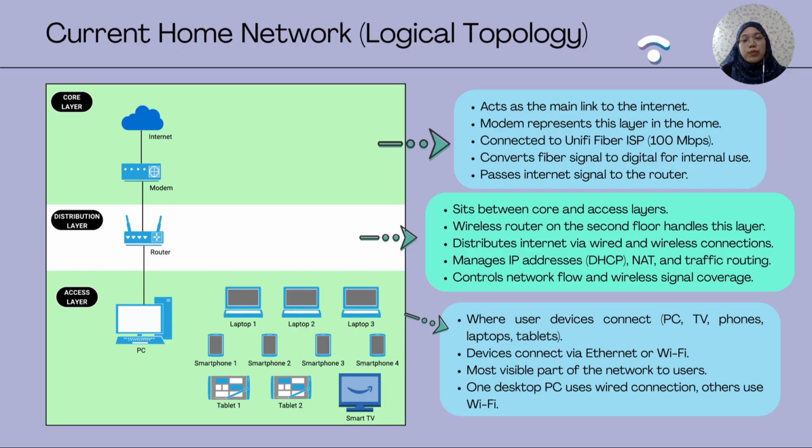The quality of the experience on this layer depends heavily on the performance and efficiency of the distribution layer. In this home, access layer devices are located on both floors, with one device connected via Ethernet cable, which is the desktop PC placed near the router, and other devices using Wi-Fi, especially the devices usually used on the first floor, where signal strength may vary.